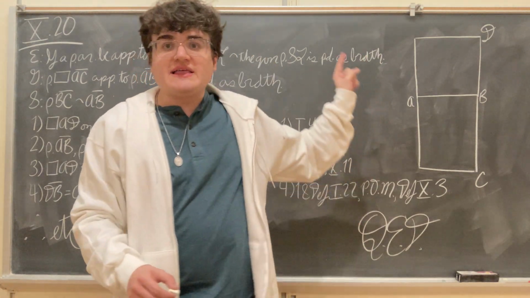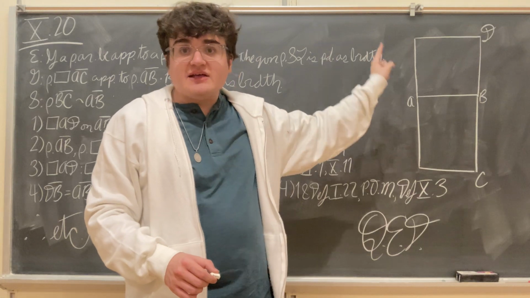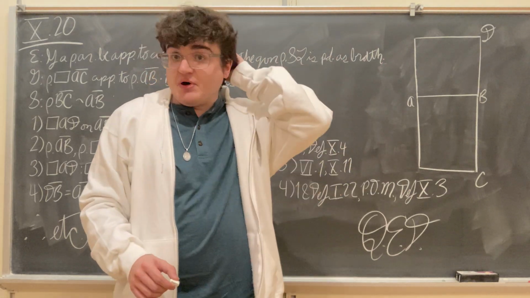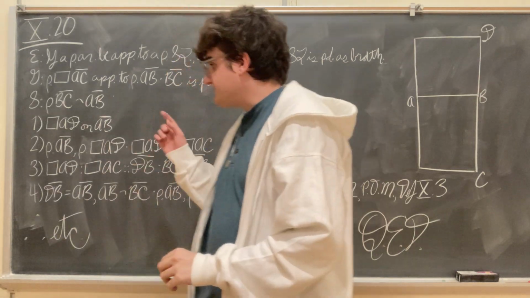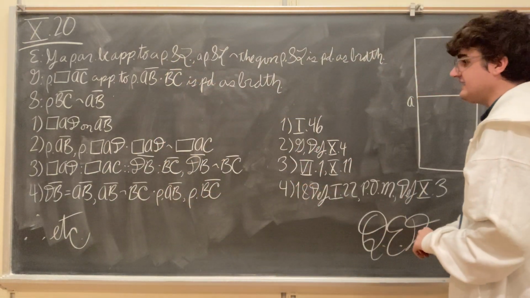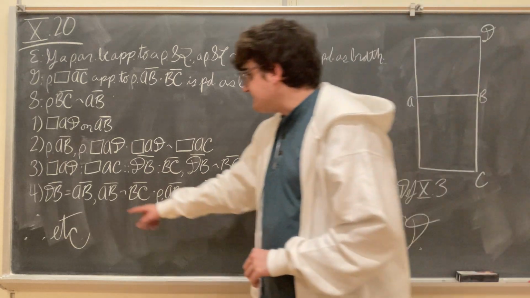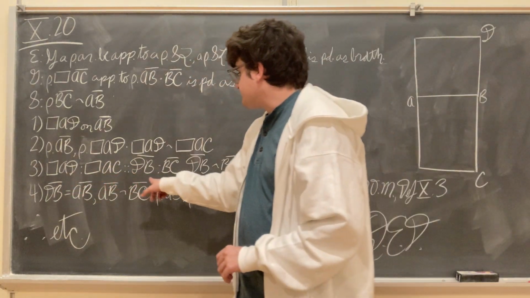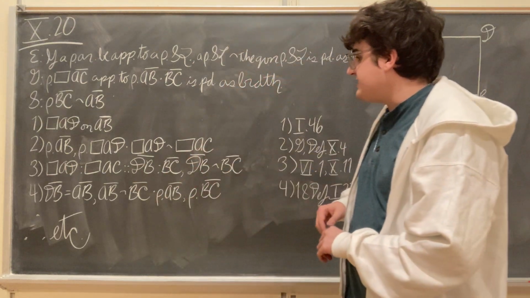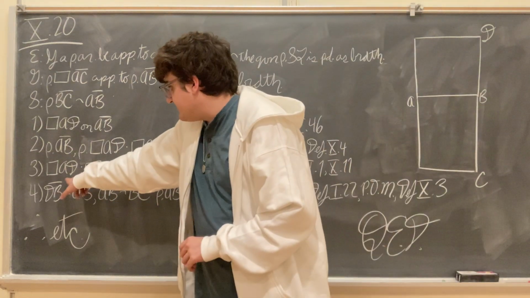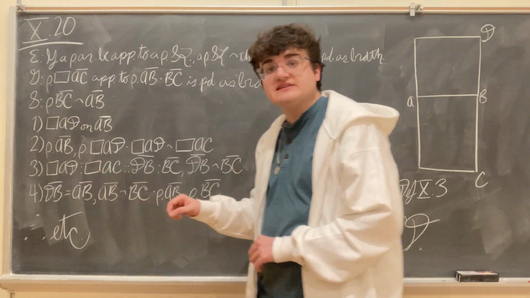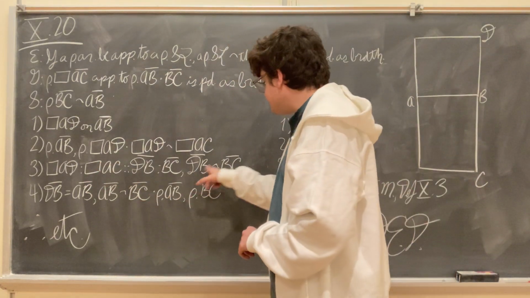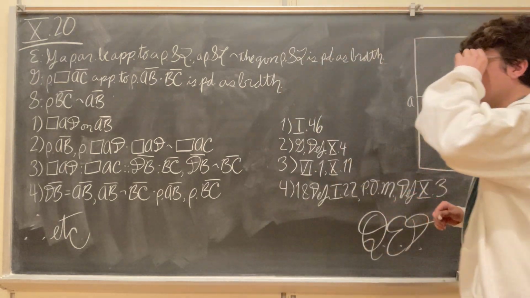But remember that the square AD and the rectangle AC are commensurable with each other. They're both rational, so they're commensurable with each other, which means, according to Proposition 10.11, because the square AD is to the rectangle AC as the straight line DB is to the straight line BC, and the square AD is commensurable with the rectangle AC, it follows, again by Proposition 10.11, that DB is commensurable with BC.